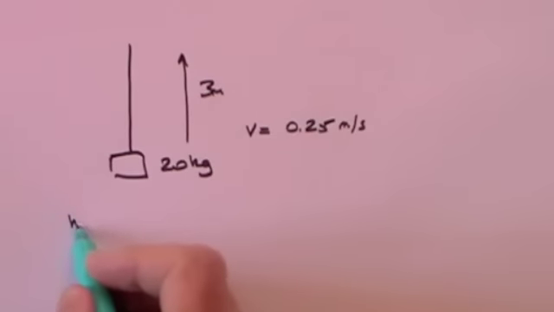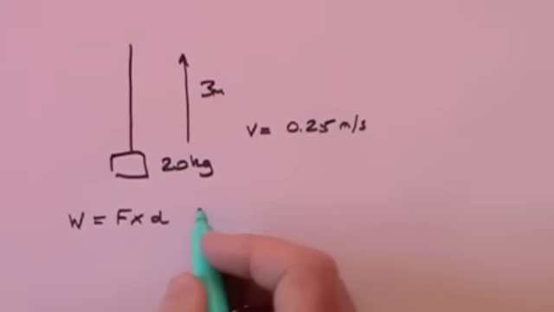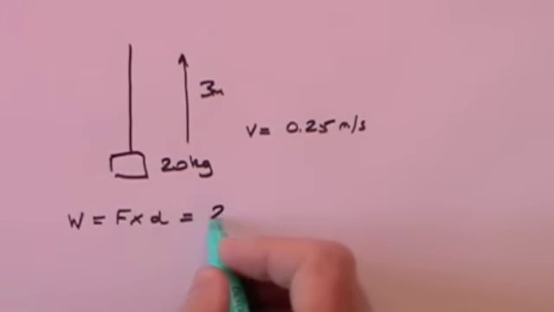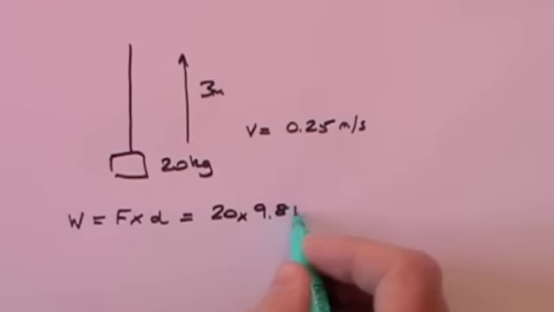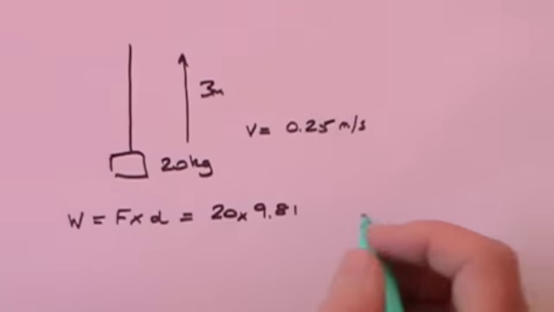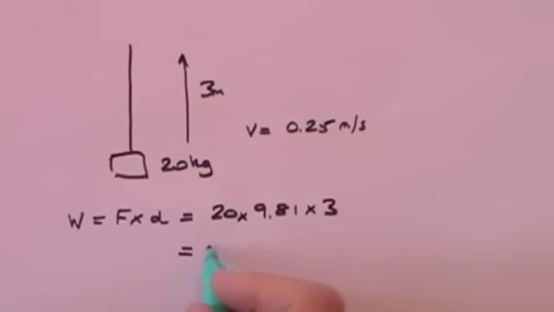Well, the work done is going to be force times distance. The force that I'm going to have to use is essentially opposing the force that's acting downwards, and that's going to be 20 times g, mg, so 20 times 9.81 is the force, times the distance, 3 meters, and that comes to 588.6 joules.